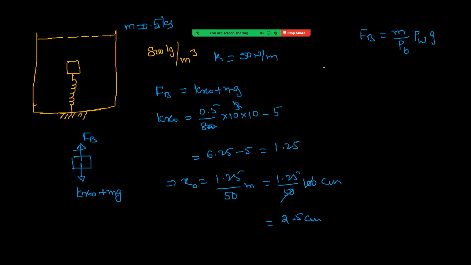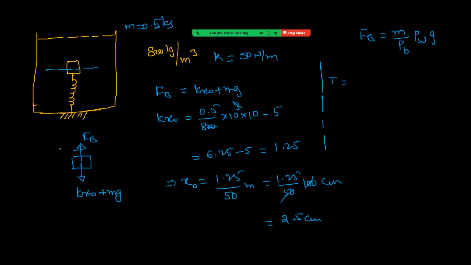It's almost the same as the previous one. Coming to the time period, directly you can write: if you slightly push it down from the equilibrium position, see what happens and where the change comes. There is no change in buoyancy force because the volume is completely inside.